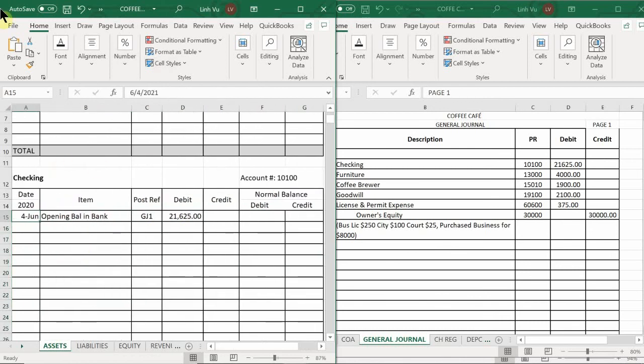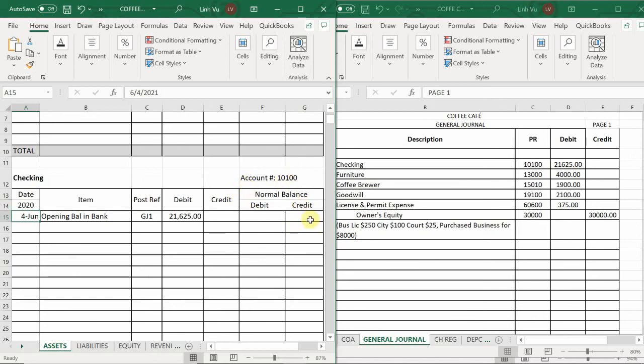Okay? And now that I have a debit in my column here, this is where the normal balance is going to actually come into play, right? Because now I need to figure out what my normal balance is. On this right side here, you have a normal balance on a debit or a credit side.